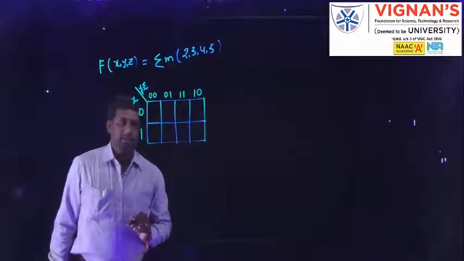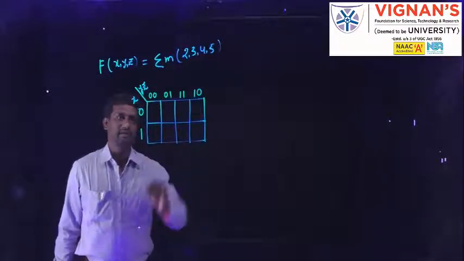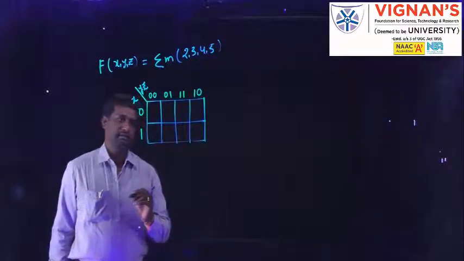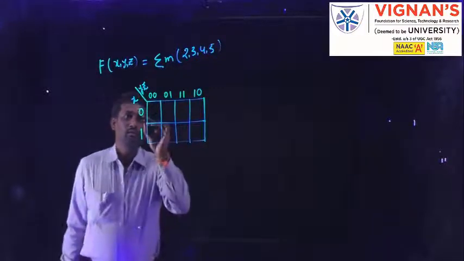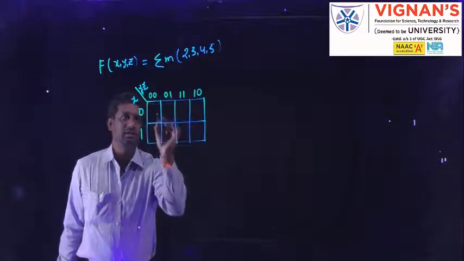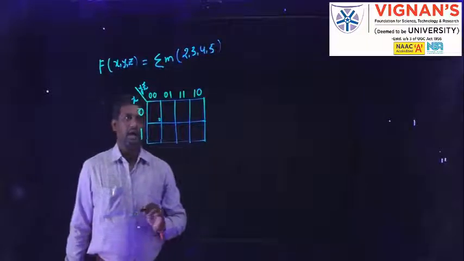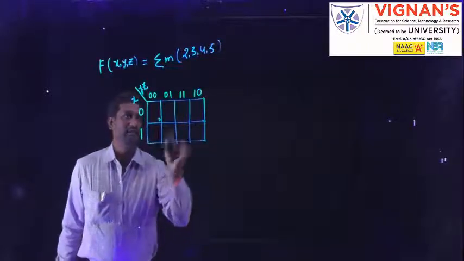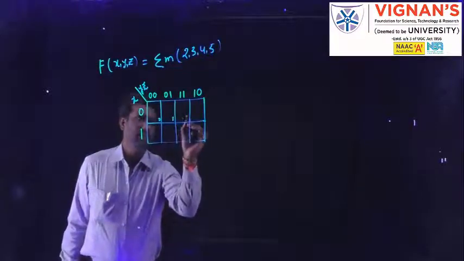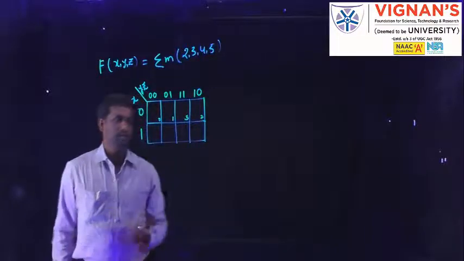And the corresponding cell values in decimal format are, with XYZ as the order, 0 0 0, so this cell value is 0. And 0 0 1, this cell value is 1. 0 1 1, this cell value is 3. 0 1 0, this cell value is 2.